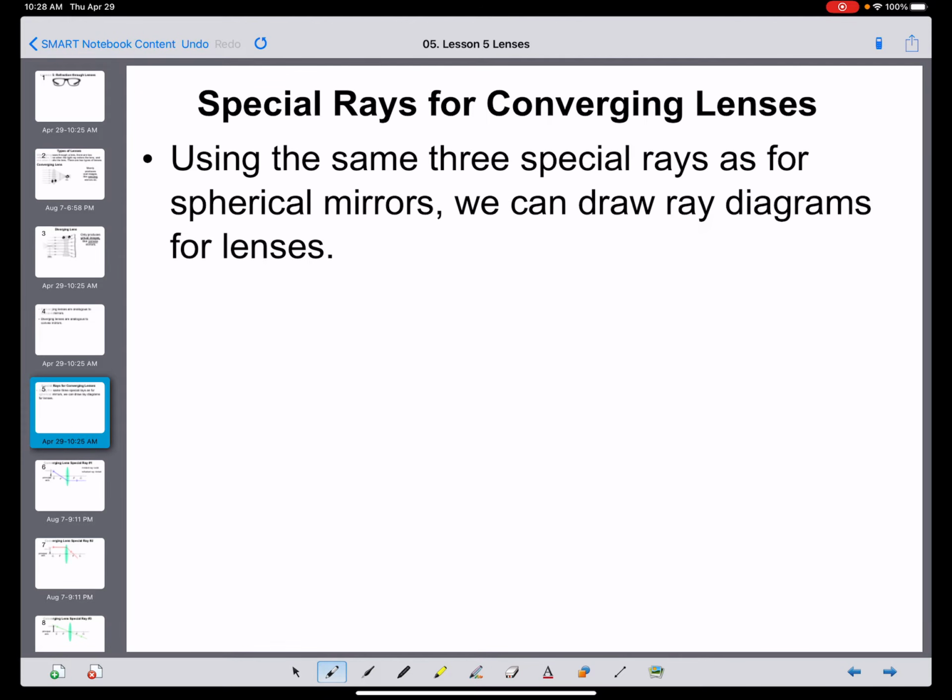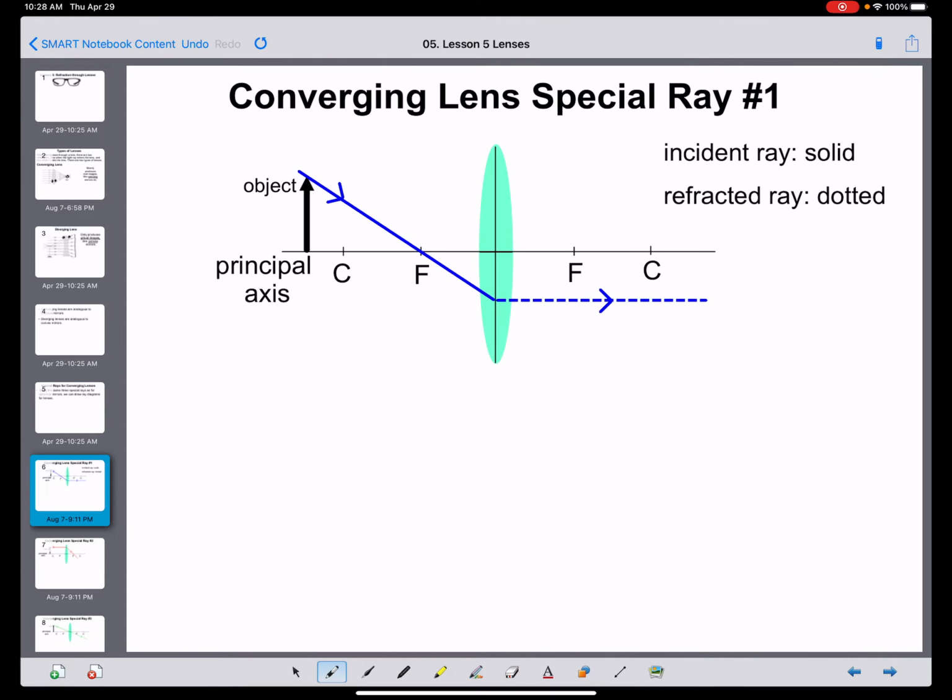So remember how for mirrors, we had the three special rays that we would use to draw ray diagrams. We can actually use the same special rays for drawing ray diagrams for lenses. So here's what the special rays look like. For a converging lens, here's ray number 1. We have our lens in the middle, we still have our principal axis, and we still have a focal point.